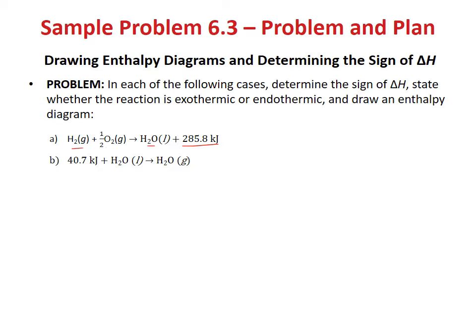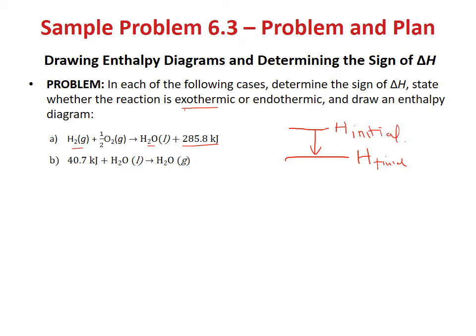That means heat is released from the system to the surroundings, and therefore the reaction must be an exothermic reaction. For an exothermic reaction, the enthalpy decreases, and so the reactants' initial enthalpy must be higher than the final enthalpy. Okay, so this is initial.